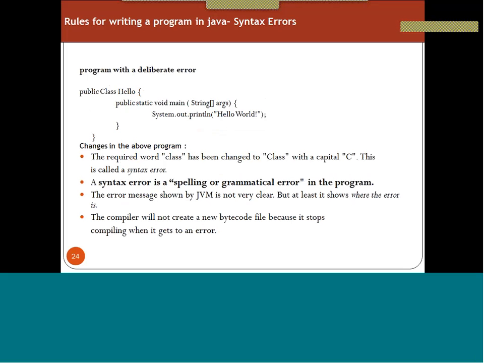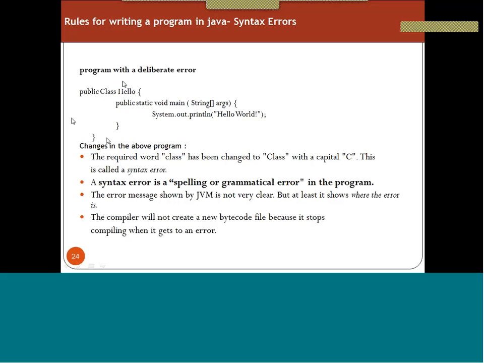What are the common errors when we write the program? Since Java is case sensitive, we must be careful in writing the program. Let us say in this program we have one error. What is that error here? Public class hello.